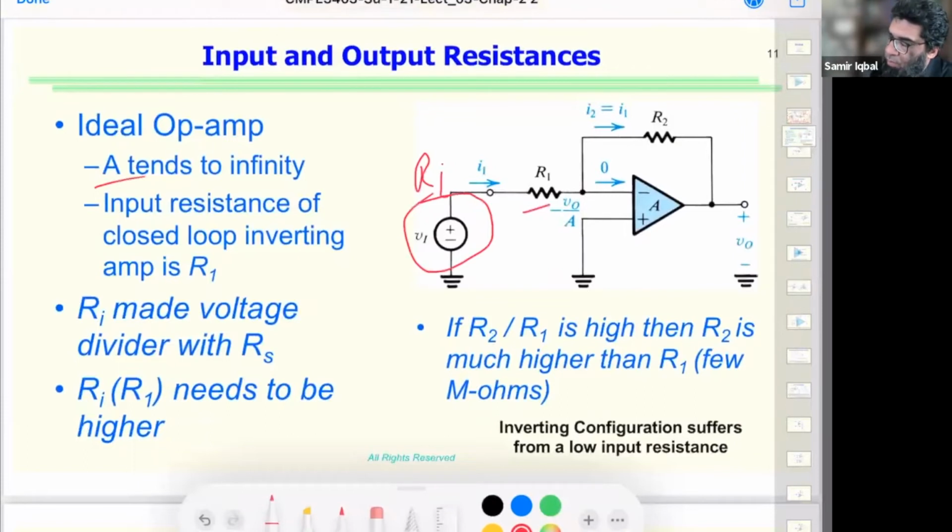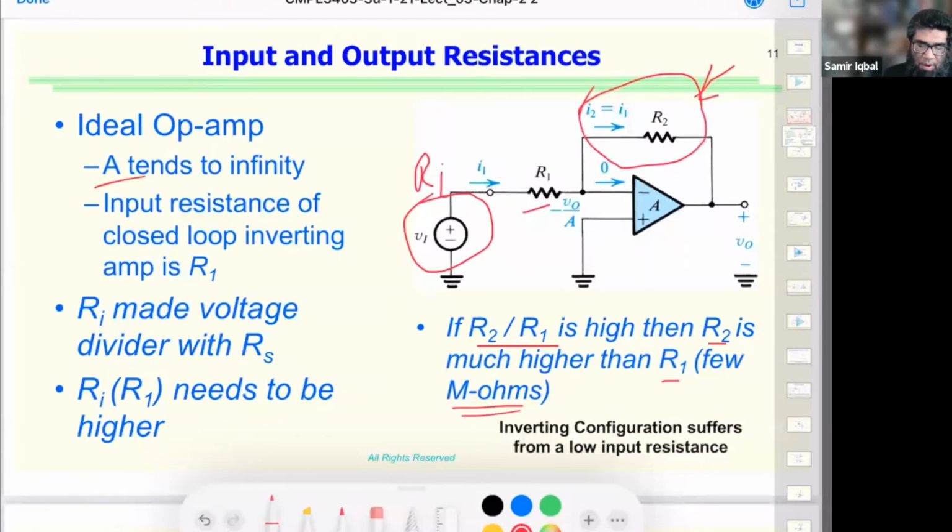So we want the ratio to be high. So R2 is much higher than R1, so the major voltage division should happen here. But then this puts a restriction that we need to have very high feedback resistance. And that's not something we like to do.